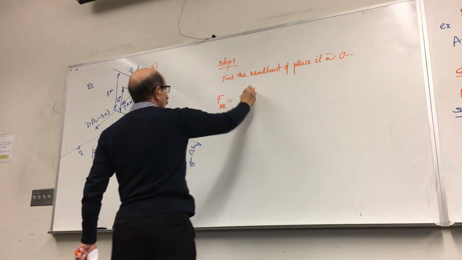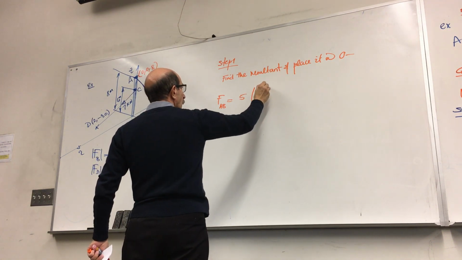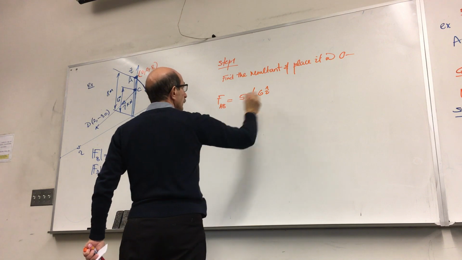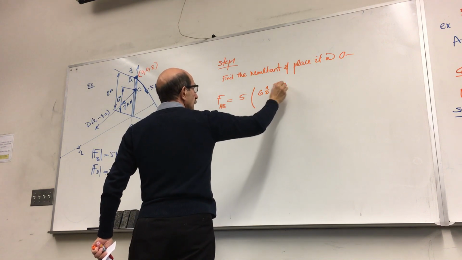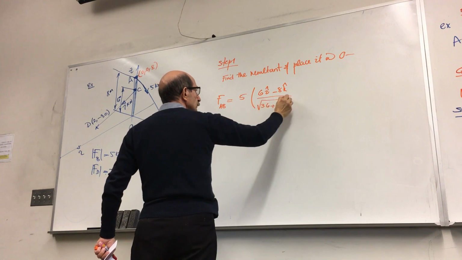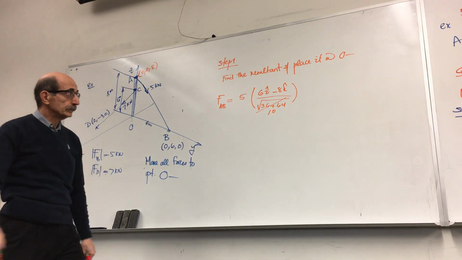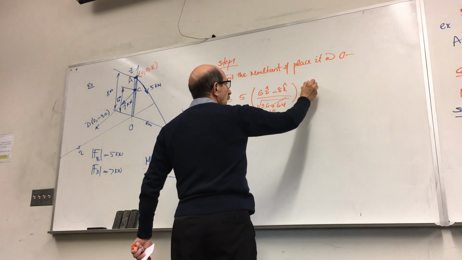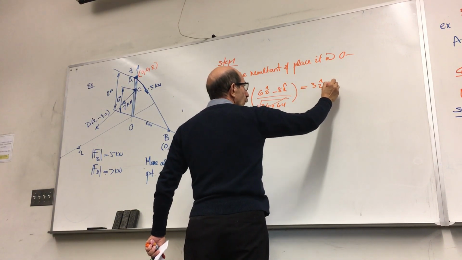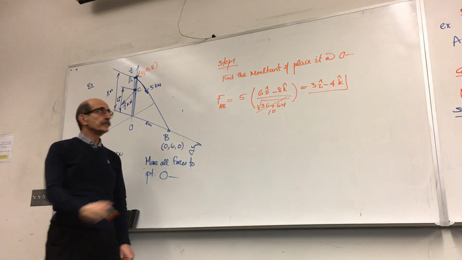So that'll be 0 minus 0, 6 minus 0, I, 0 minus 8, K, divided by square root of 36 plus 64. This is 10. So that'll be 3I minus 4K. So that's the equation for that force.